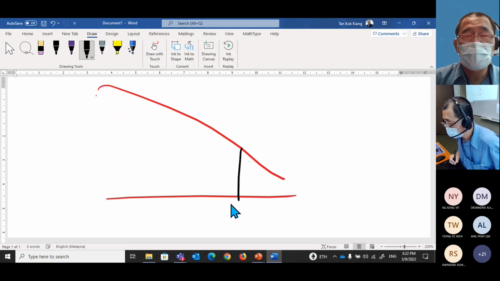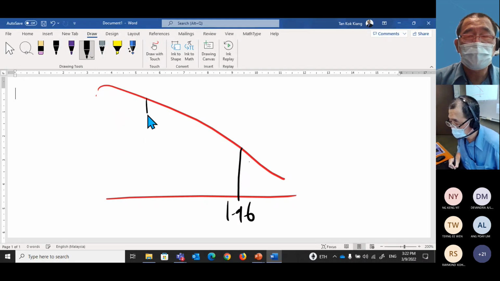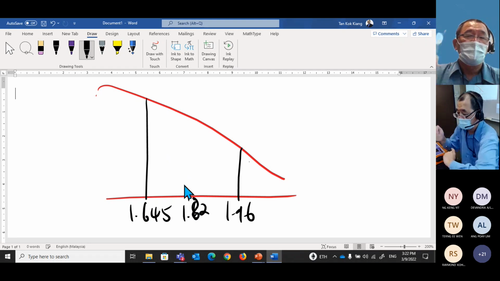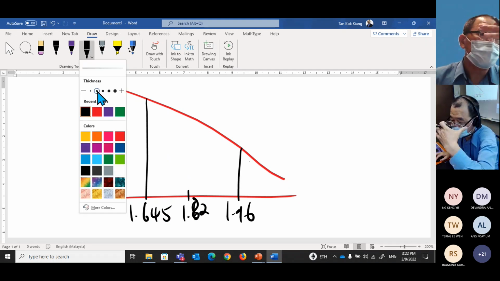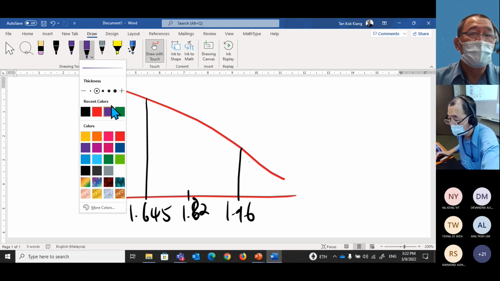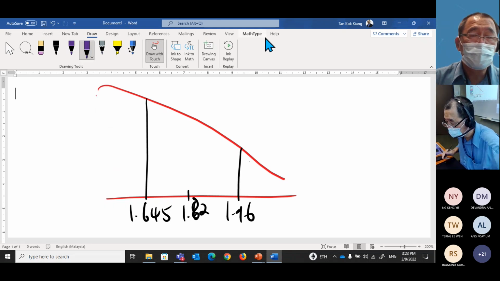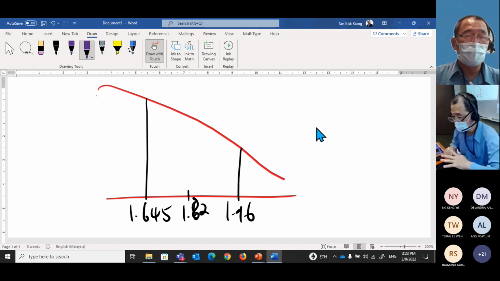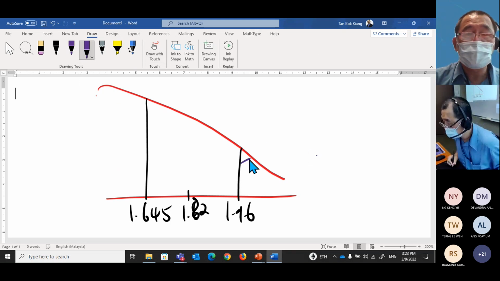So this is 1.96. This is 1.645. This is 1.82. So we have this. Now we see this area again.